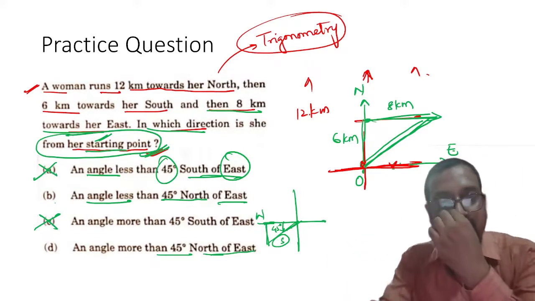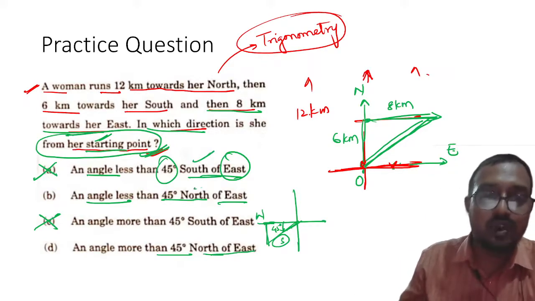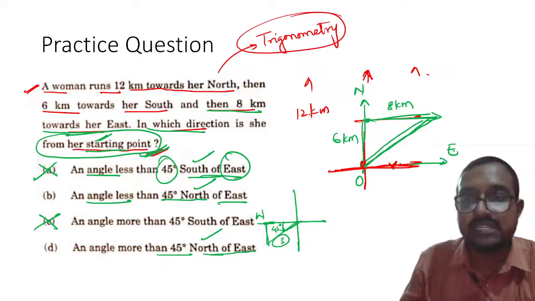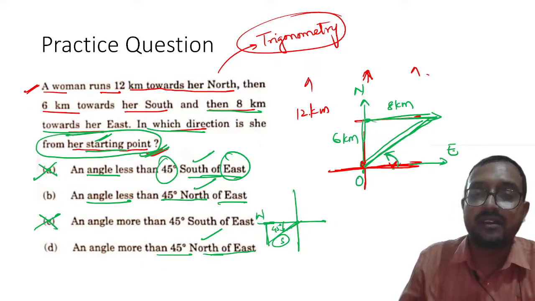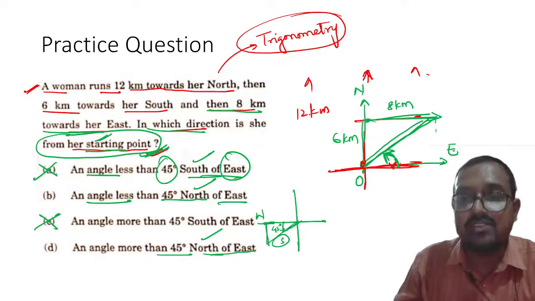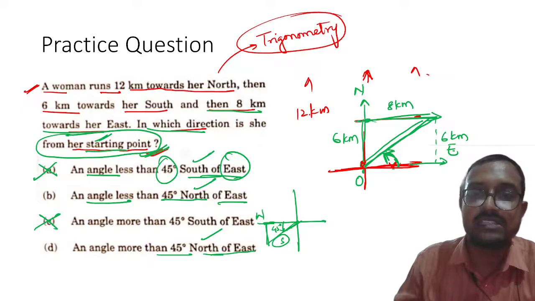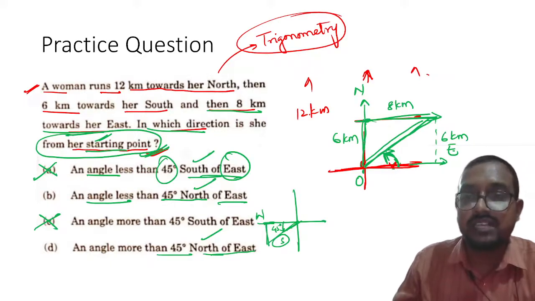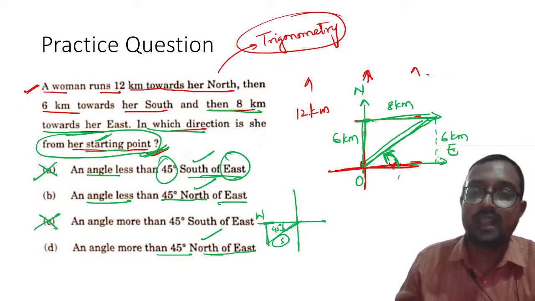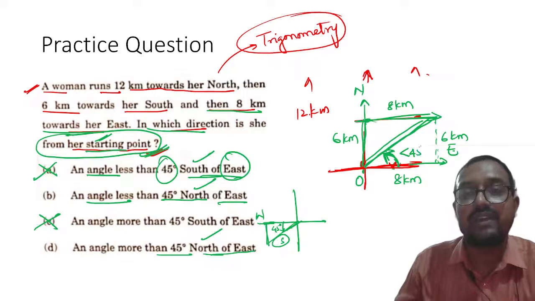Now my dear students, please remember, north of east, that means we have to consider this angle. And as you know, this is 6 kilometer. Obviously, since this is 6 kilometer, this will also be 6 kilometers. And this will be 8 kilometer. So my dear students, you can see that this angle will be less than 45 degree.